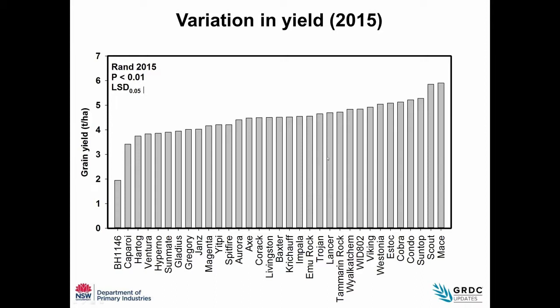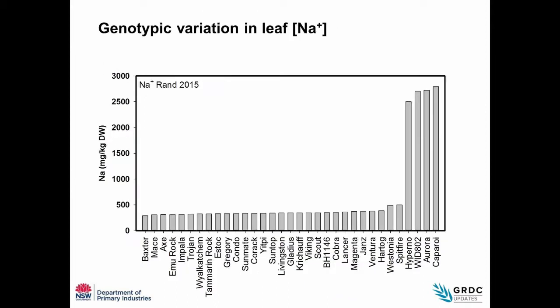And we looked at many traits from a physiological point of view, from nutritional characteristics of the plant, and one of the traits that people often use for looking at salinity and sodicity is the sodium concentration that is accumulated in the leaf. One of the things that people usually confuse is salinity and sodicity. If you have a saline soil, you have high concentrations of sodium in the system.